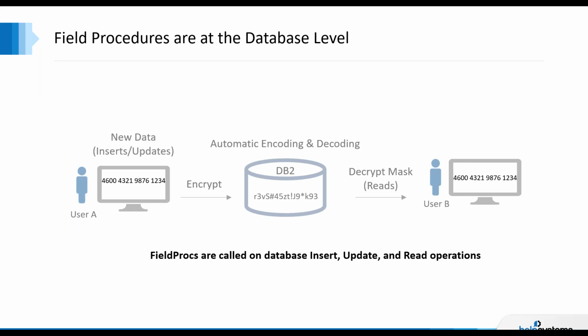As I mentioned, these field procedures are running at the database level. In essence, what's happening is anytime there is an insert or an update to the database, the database manager will handle the encryption function by invoking the field procedure.